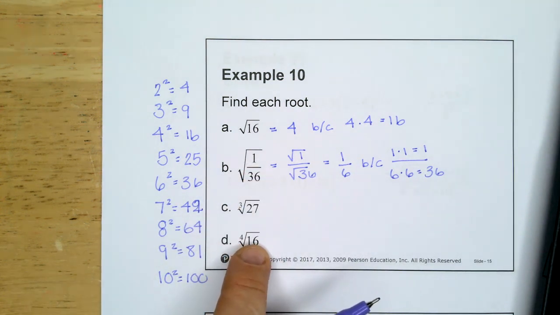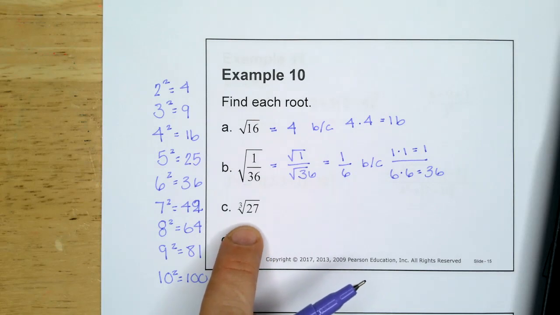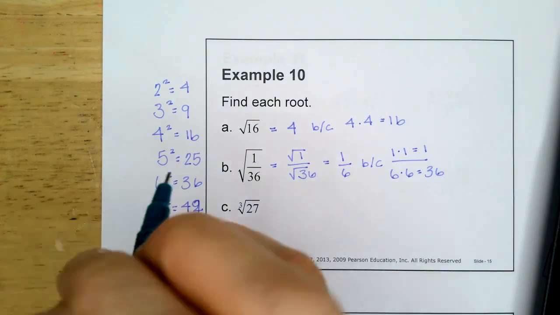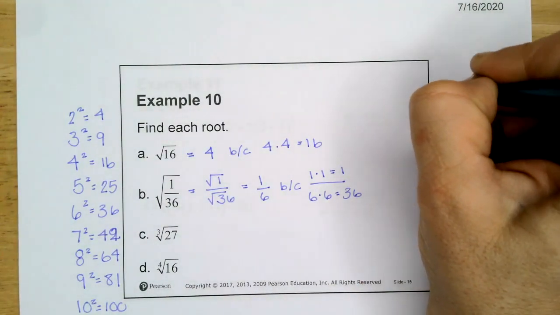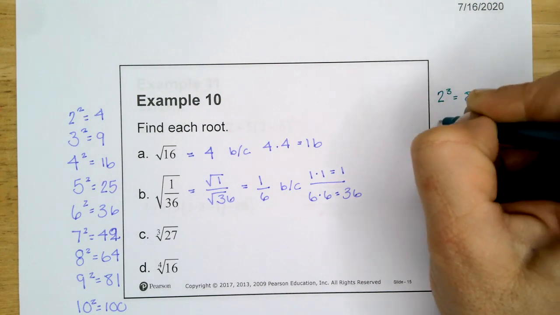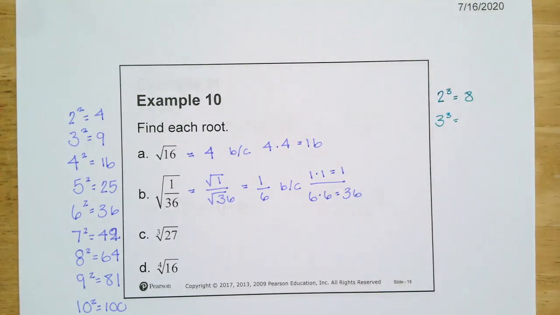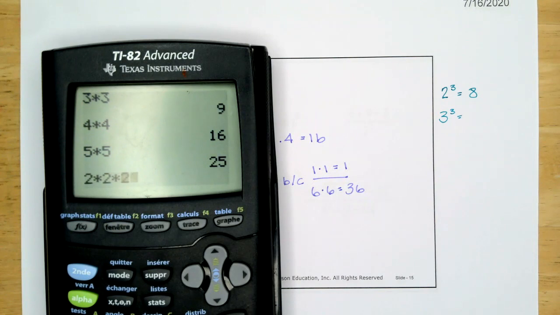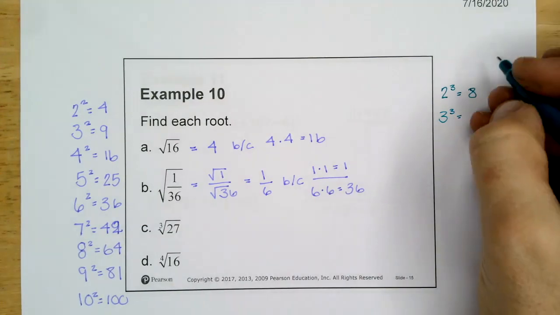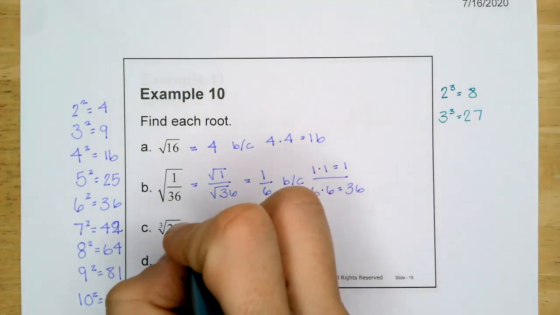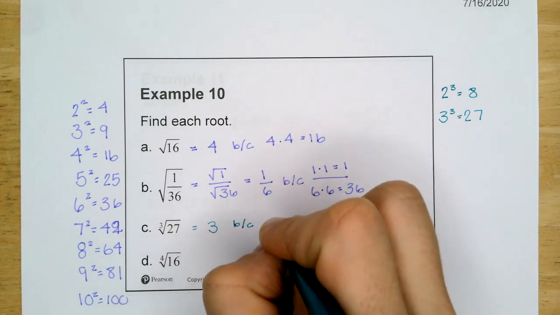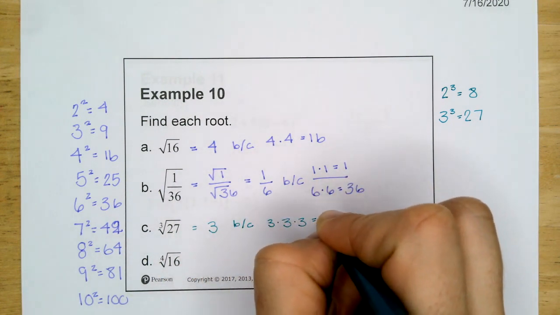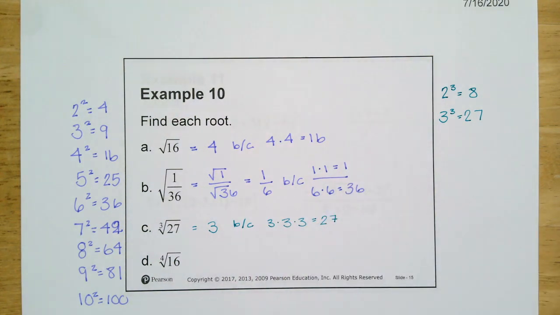The cubed root means what can I multiply by itself 3 times to get this number? Okay, so here are the square roots. Less common, but you can also make a list of them, are cubed roots. So 2 cubed is 8. 3 cubed is 27, because 3 times 3 times 3 is 27.